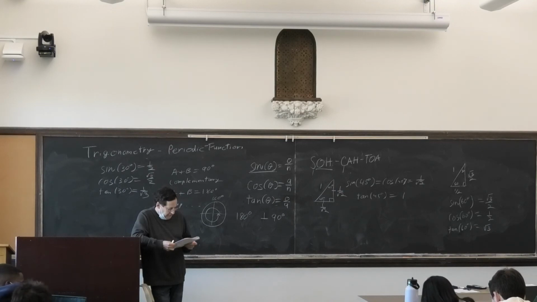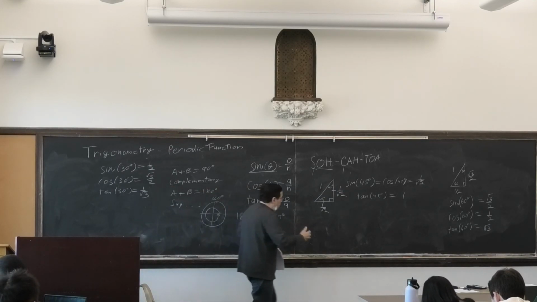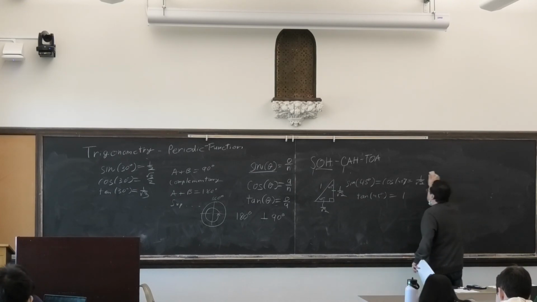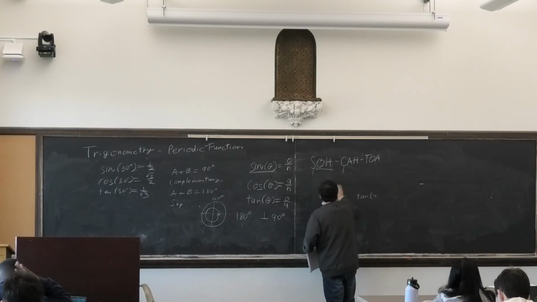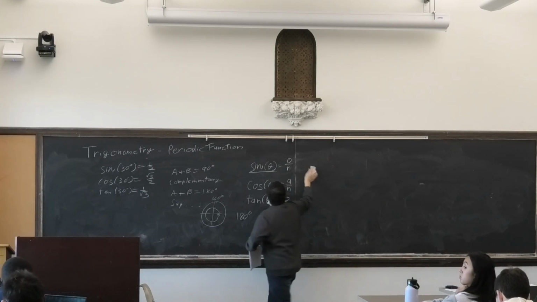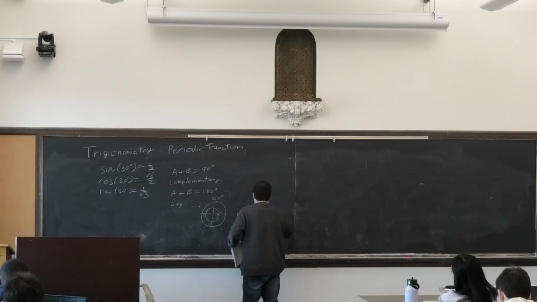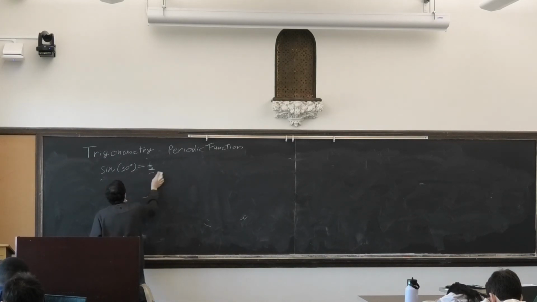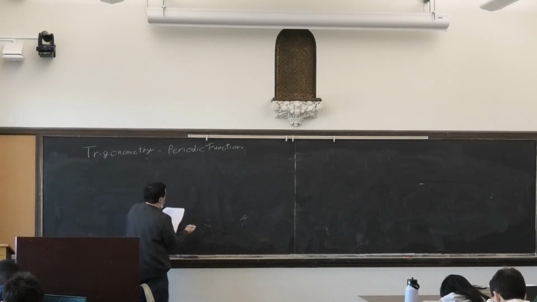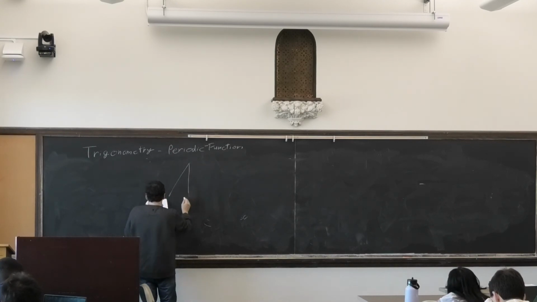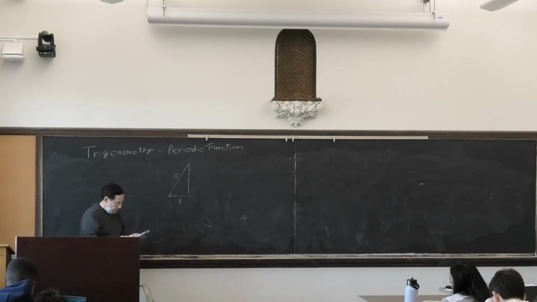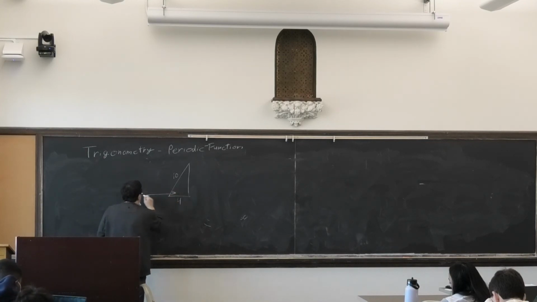So, all right, let's do it. Let's do a problem that requires a calculator. So we have a triangle with a hypotenuse of 10 and a side of 4. And we want to know what the angle is.